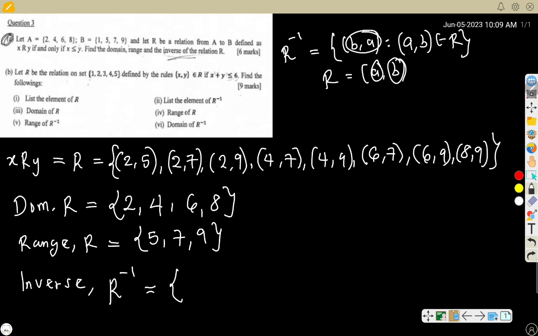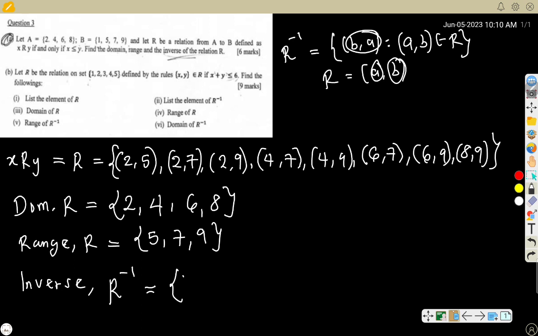So write all the B elements before the A elements, like this. That means I'll write all this Y first before this X. So (x, y) will become (y, x) as the inverse.